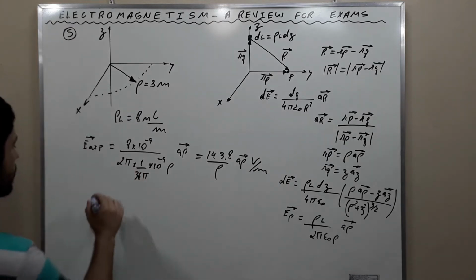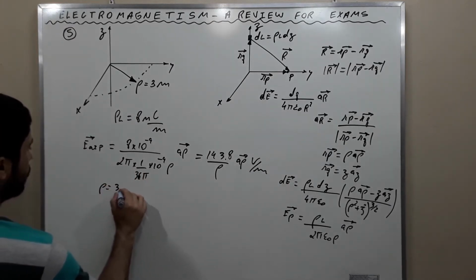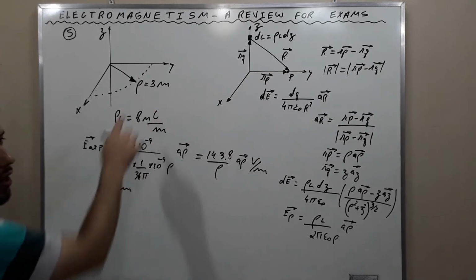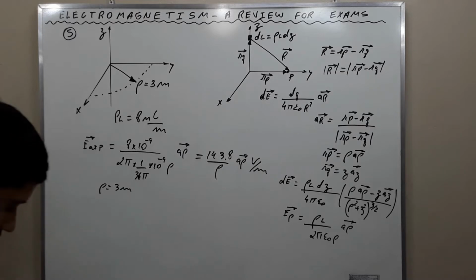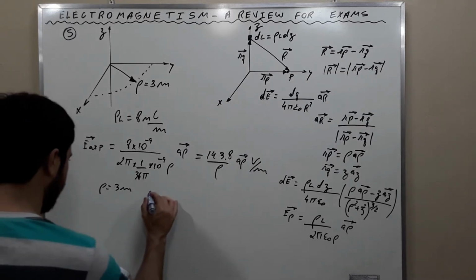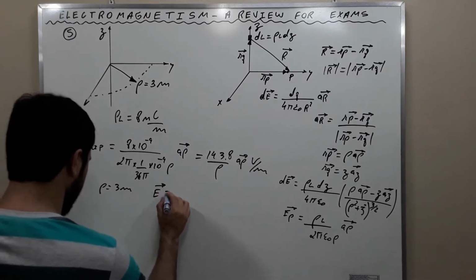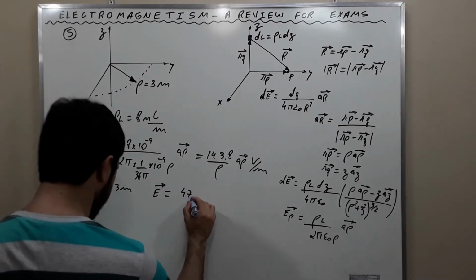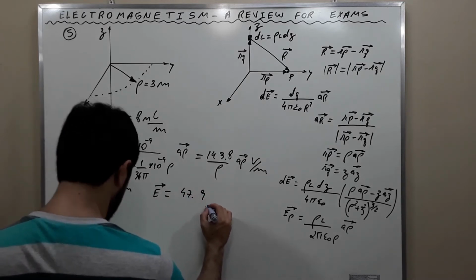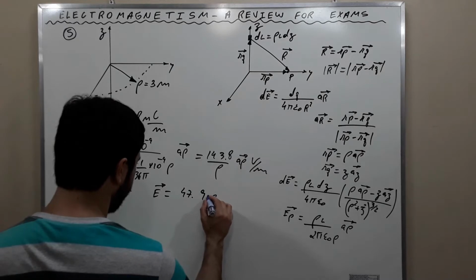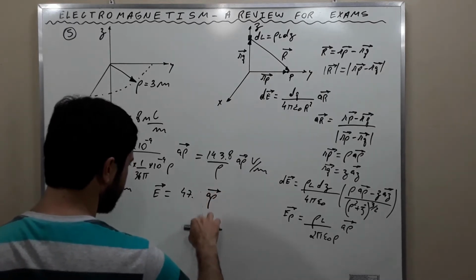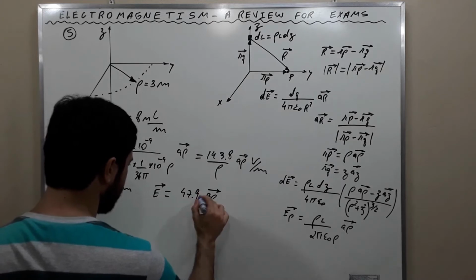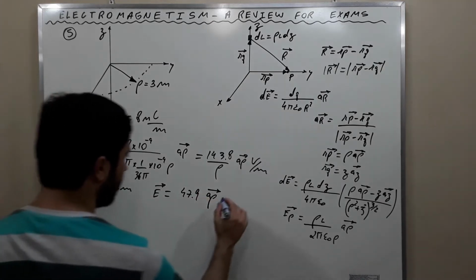And by using that rho is equal to 3 meters, because we want to measure the field 3 meters away from the line of charge, we find that the electric field is equal to 47.9 in the a rho direction, volts per meter.